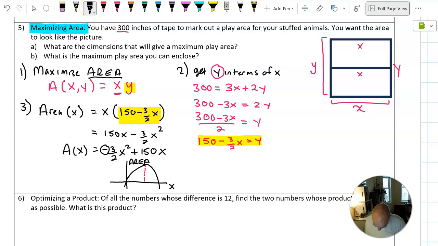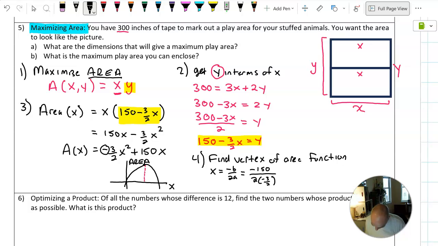So that's our last step. Where are we going to put it? Step 4 over here: find the vertex of your area function. So that happens when x equals negative b over 2a. Okay, so negative b is negative 150, and we have to divide by 2 times negative 3 halves.